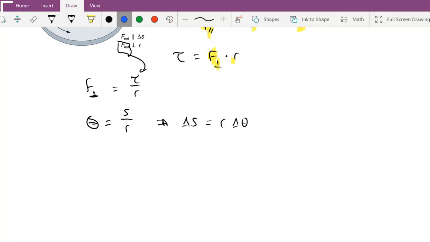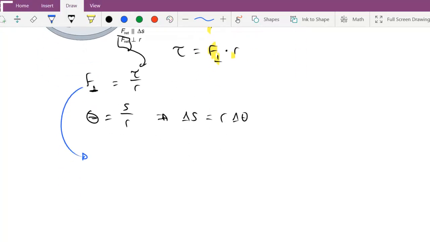the perpendicular force times the displacement is what we call work. So remember, our work is the force parallel to the displacement, but we said this was actually the torque divided by the radius, and the displacement that it goes through is the radius times the angle theta.